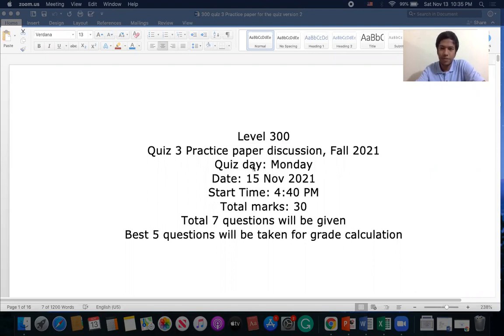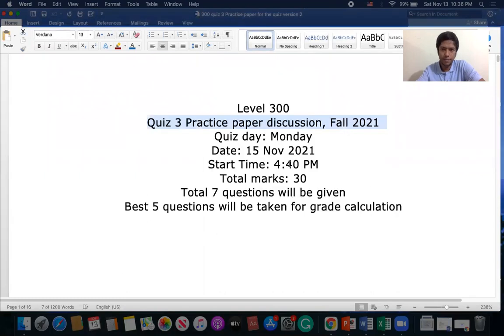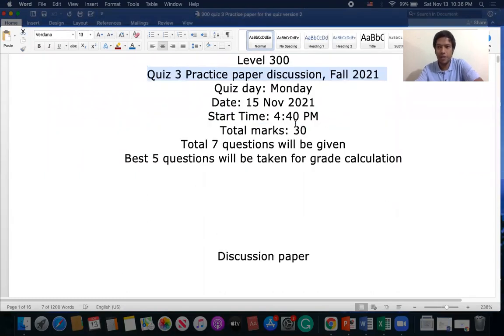So this is for the quiz 3 revision for level 300. This is the paper, and this information you already know: quiz day, date and time, total marks, 7 questions, best 5 will be taken for the grade calculations.